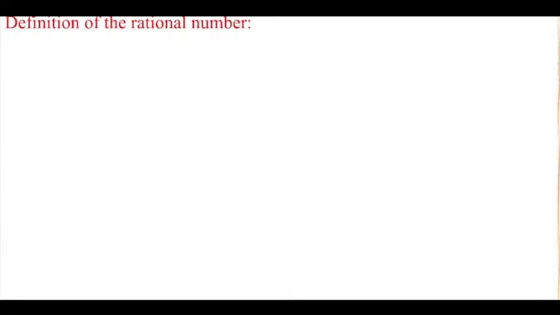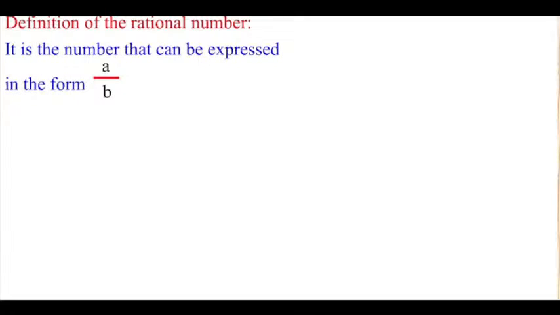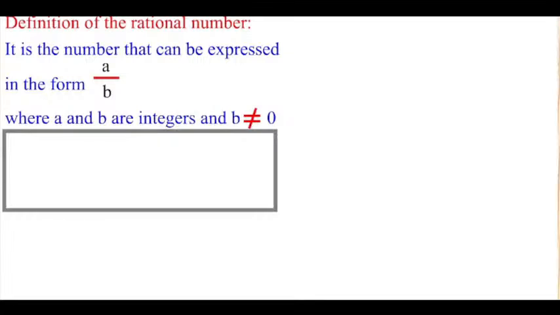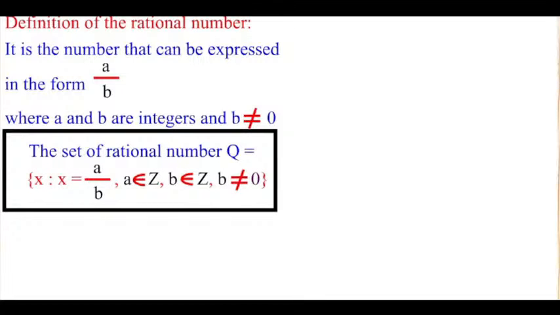Definition of the rational number. It is a number that can be expressed in the form a/b, where a and b are integers and b does not equal 0. The set of rational numbers Q equals x, where x equals a/b, and a belongs to Z, and b belongs to Z, and b does not equal 0.